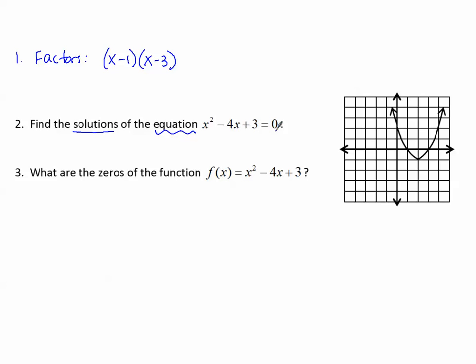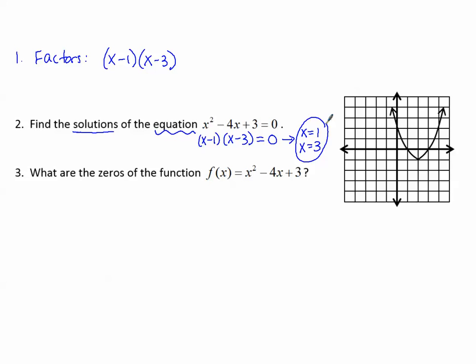It says equals 0. So we could start with the factors, x minus 1 times x minus 3 equals 0, and ultimately do what we did above, which is set each factor equal to 0 and solve for x. And that gave us x equals 1 and x equals 3.